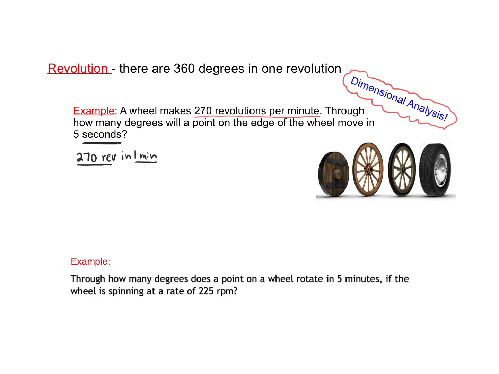And so I know that there are 60 seconds in 1 minute also. I also am going to have to work with degrees. So degrees are related to the revolutions. I know that there are 360 degrees in 1 revolution. And I think that's all I'm going to need.